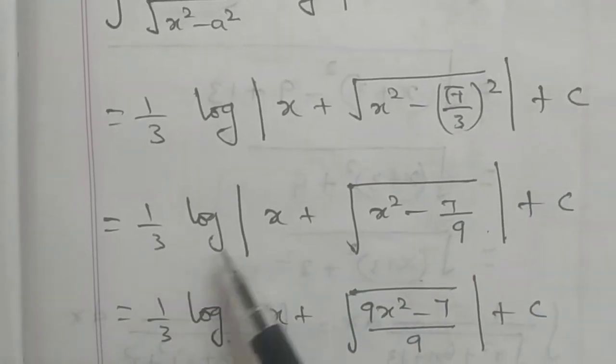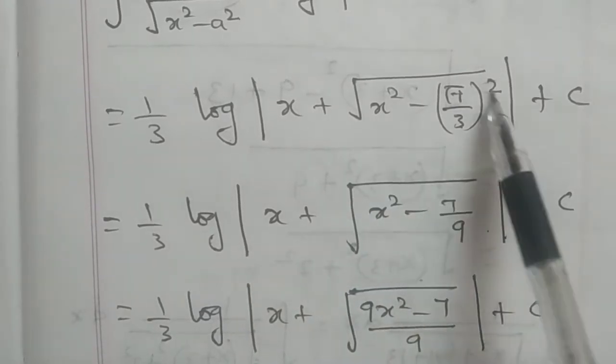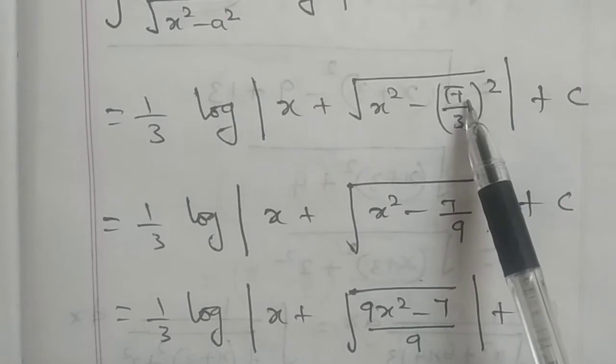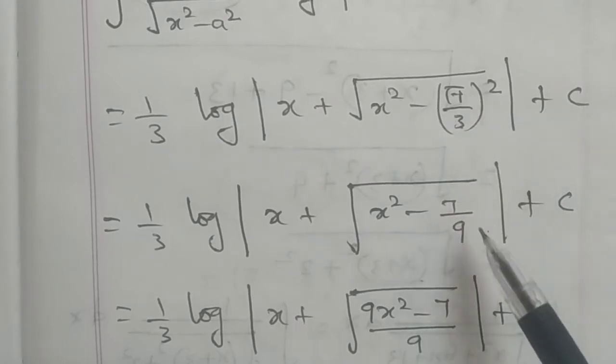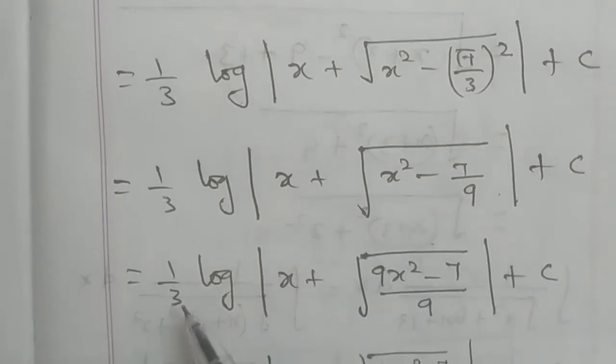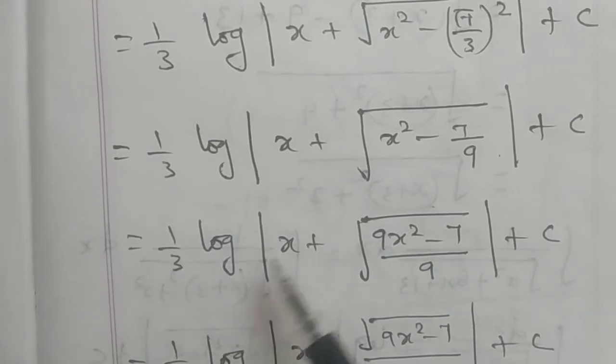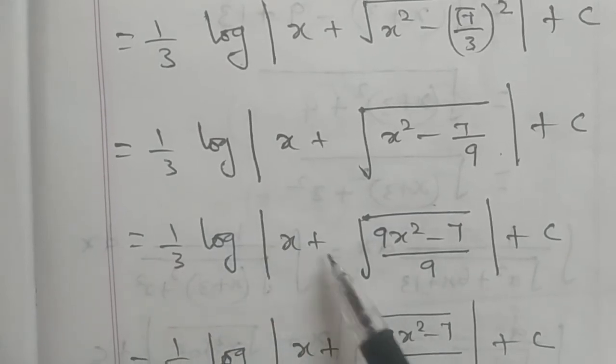That is 1 by 3 log modulus of x plus square root of x square minus 7 by 9, since root 7 into root 7 is 7 and 3 square is 9.